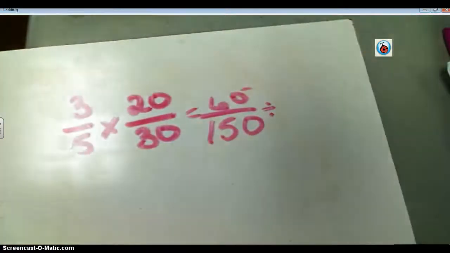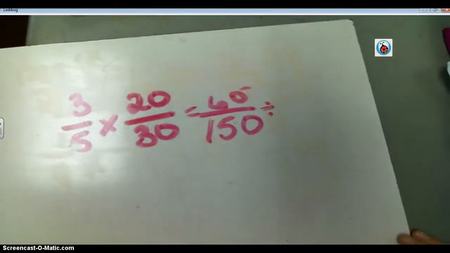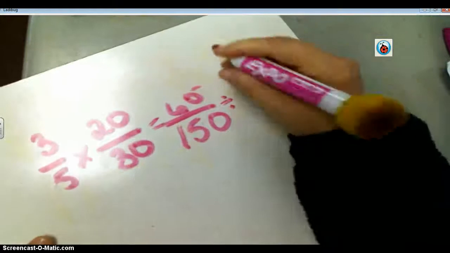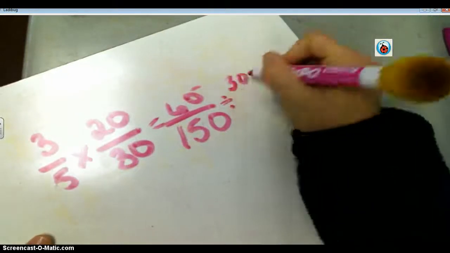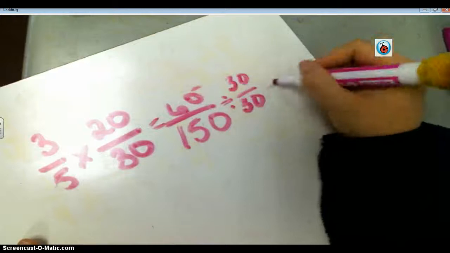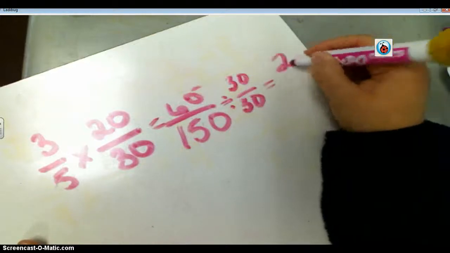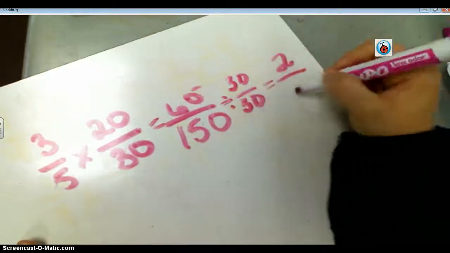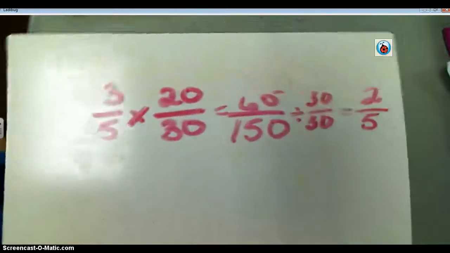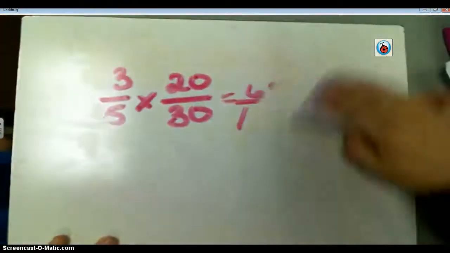Yes. Absolutely. What am I going to divide them by? 30. 60 divided by 30 equals 2. 150 divided by 30 equals 5. 2/5. Excellent.